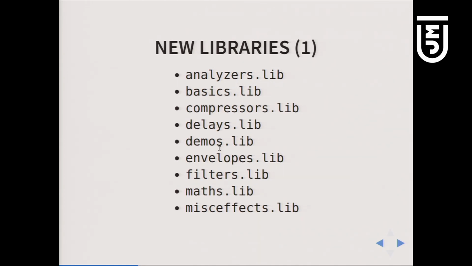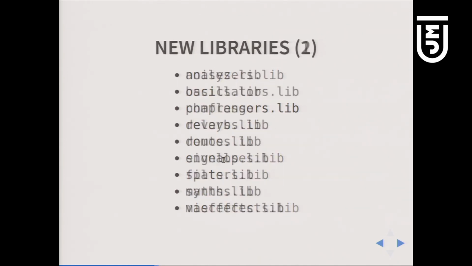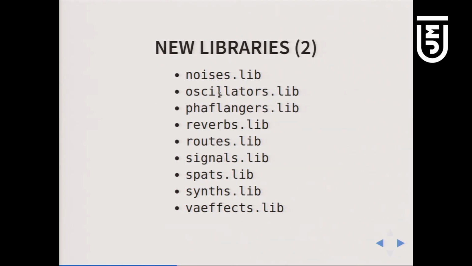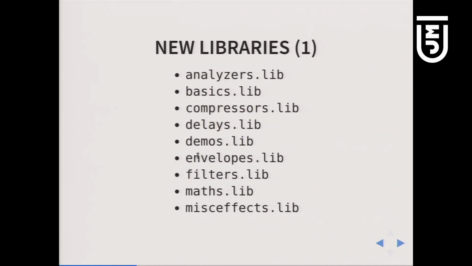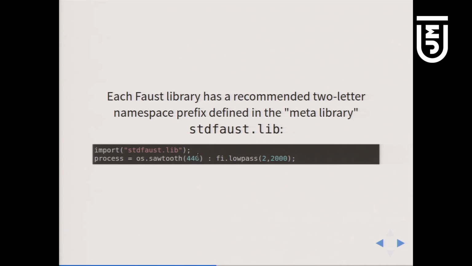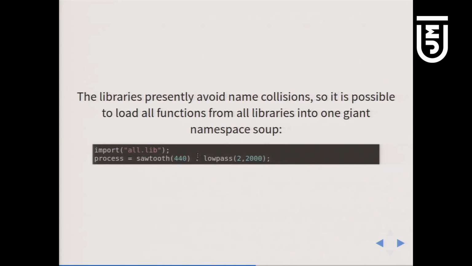Because, for example, oscillators. So there is an oscillators.lib, and there is an oscillator.lib, right? It's kind of dirty, but that's the only way we found to not break everyone's code, and it works so far. So far, so good.